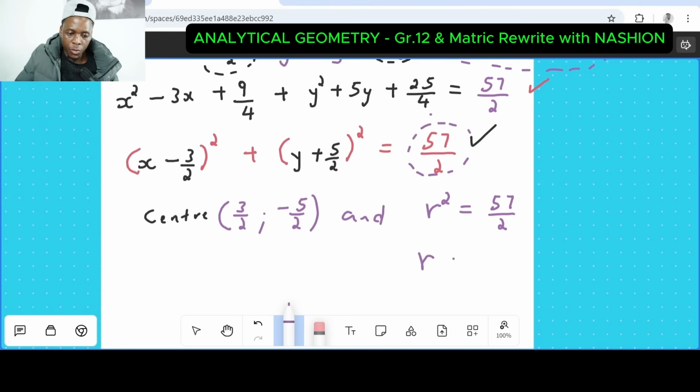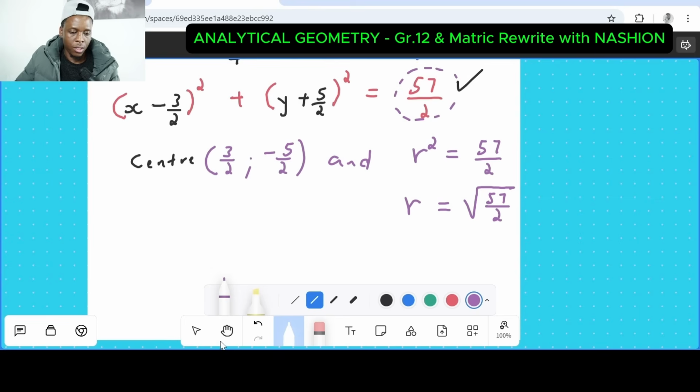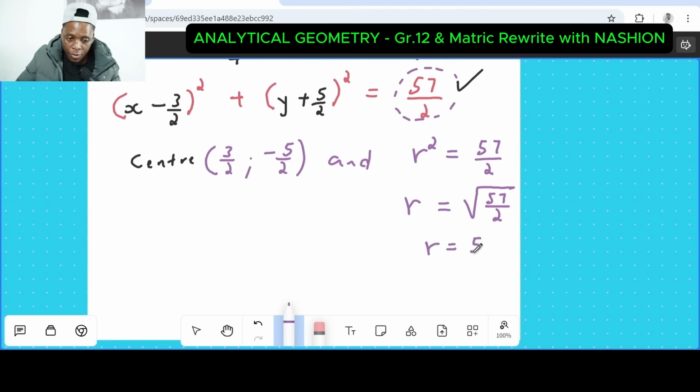So r, which is always positive, will be positive square root of 57 over 2. We may round it off correct to 2 decimal places, 5.34 units. What do we have? The circle center away from origin standard form, the coordinates of the center, the length of the radius, and checkmate.